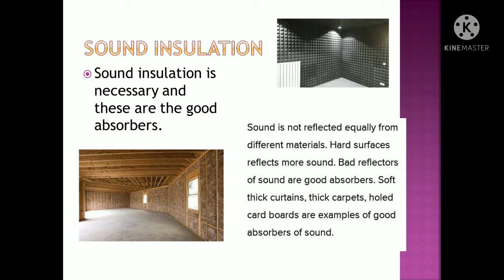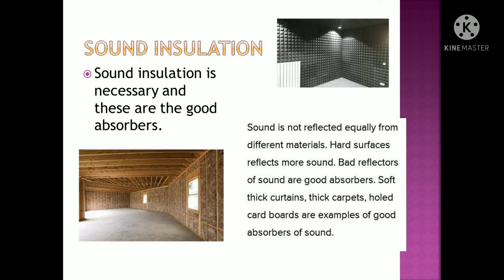Can you see two places? One is an auditorium, and one is a recording studio. So what happens? Whatever sound is outside the room will not come inside it. Some things are used, like cloths, carpets, asbestos sheets, thermocol. These are all used in this type of rooms.